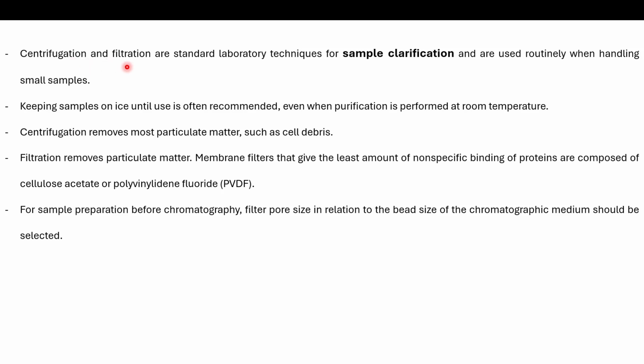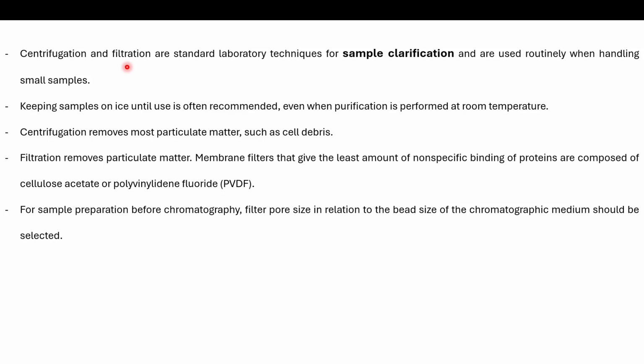And for filtration, you pass your cell suspension through a filter having different pore sizes, usually 0.2 micrometers, 0.4 micrometers, 0.5 micrometers. There can be filter membranes having different kinds of pore sizes.